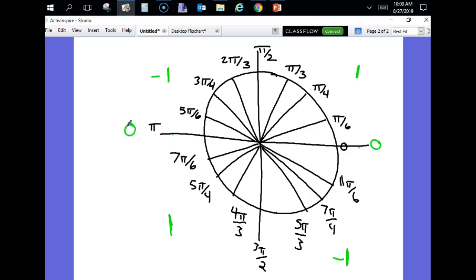Now here, what's the x value? 0 again, but it's y over x. So what happens when you have 0 on the bottom? It's undefined here, so we'll want to write that. Undefined and undefined.